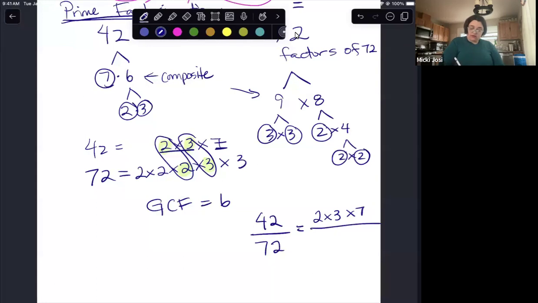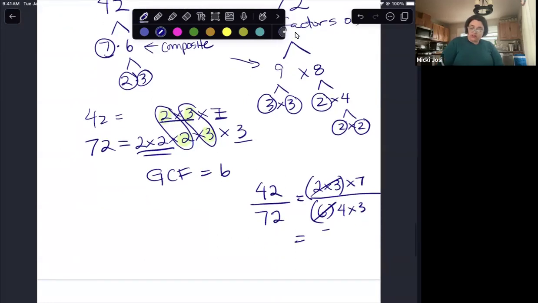And 72 is going to be the 6, right? That's the same thing. And then the leftovers, 4 times 3, which is 12. Okay, so we would have 7 over 12 would be the most reduced because every common factor has been reduced.